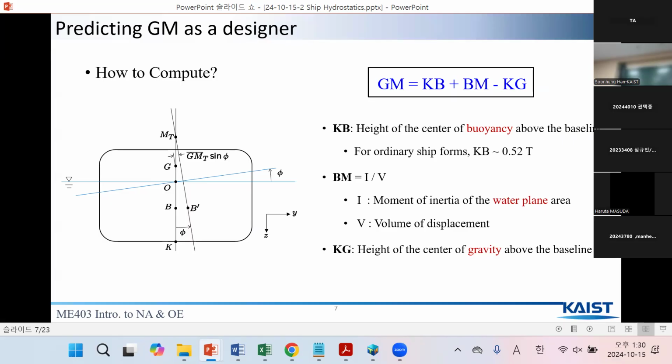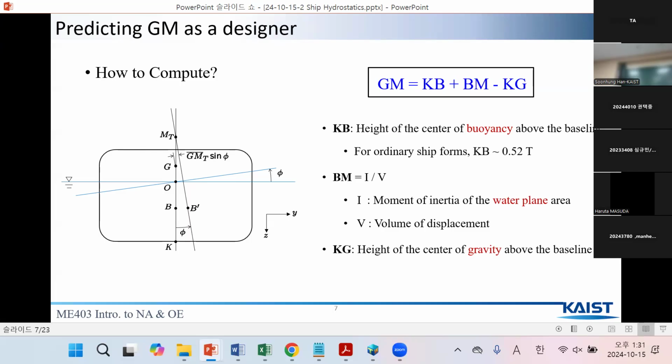KB, BM, and KG. KB plus BM minus KG remains GM. Very simple, right? B is moving. G is not moving, so you can say this is constant. B is moving. You need to calculate.